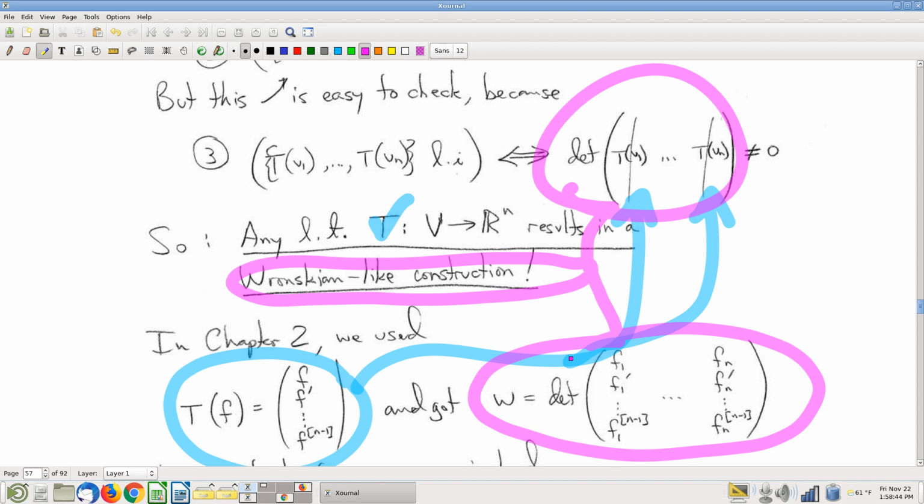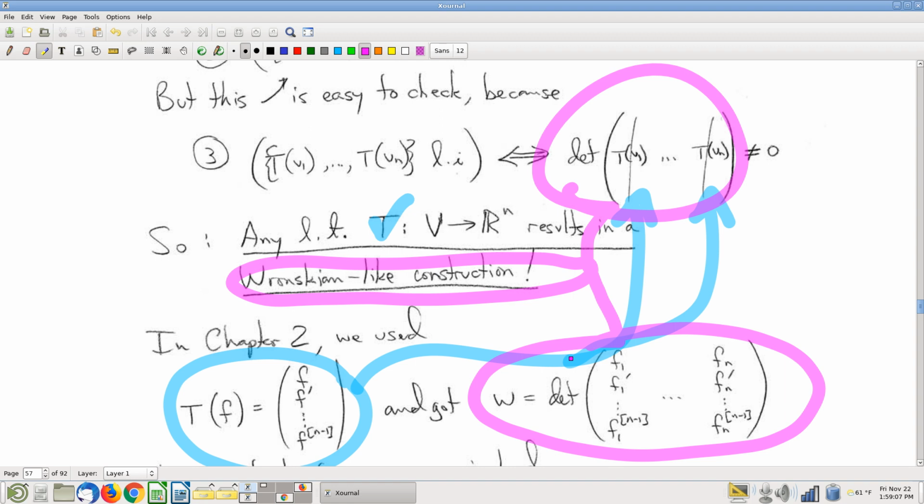Okay, so there's that. I will point out one thing. This construction, this Wronskian here, does have a certain key feature. This Wronskian, and only this Wronskian, behaves nicely when it comes to solutions to differential equations. Remember, there was the original chapter 2 Wronskian, and then we have a supercharged Wronskian theorem.